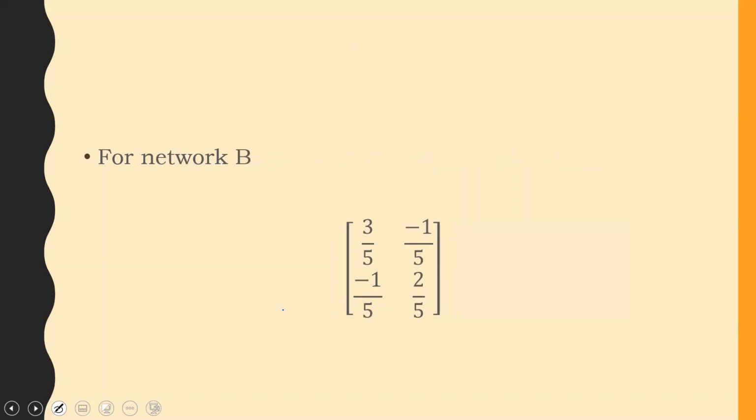Don't worry, it will come with time. So these are the admittance parameters for network B. And for those who did not attempt it, you're not helping yourself by sitting down waiting on an answer.